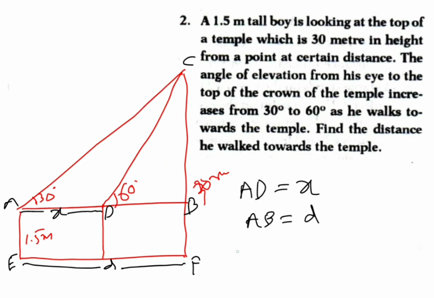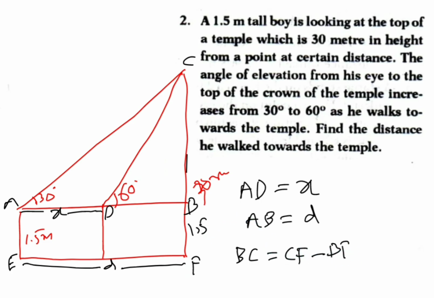And BC is equal to CF minus BF. CF is from here to here, 30 meters, minus this 1.5 meters.